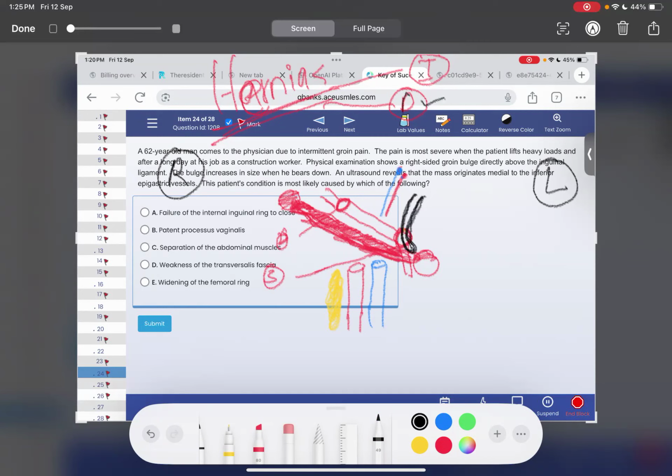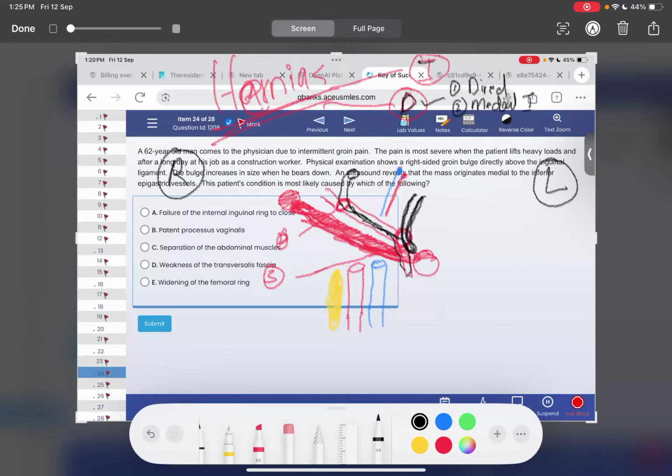This is called direct hernia, and it is medial to the inferior epigastric vessels. Okay, that is direct. What happened to the indirect? For example, there is a loop that goes through the deep inguinal ring, then goes through the superficial inguinal ring over here.